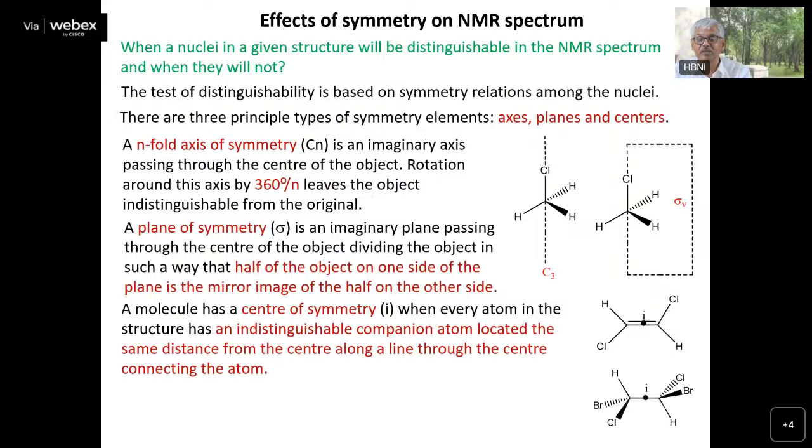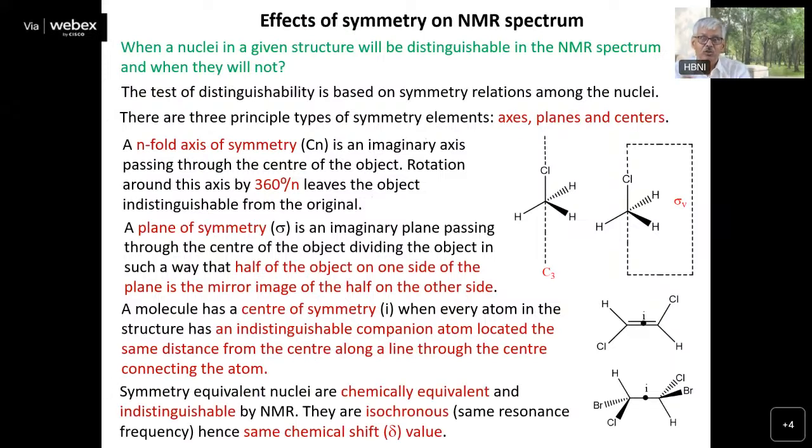Another example is this. You can see these two hydrogens are also equally away from the center point of the molecule. Similarly, the two chlorines and the two bromines. In such cases also, we call these either axes, planes, or centers.